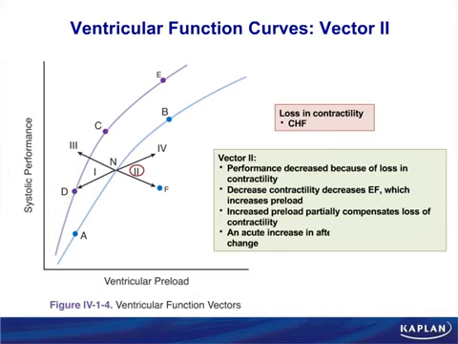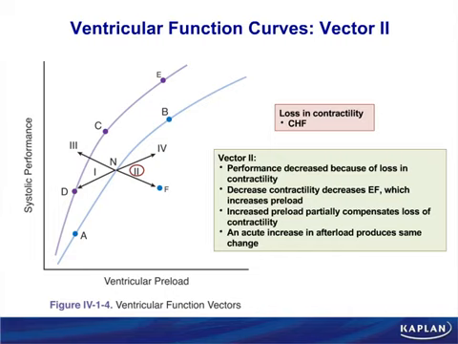Now, an acute increase in afterload will produce the exact same change. Now remember, afterload is TPR. So if I get a marked peripheral arteriolar vasoconstriction, this will increase afterload and look exactly like a decrease in contractility on a ventricular function curve.